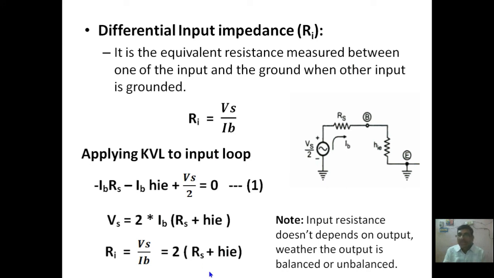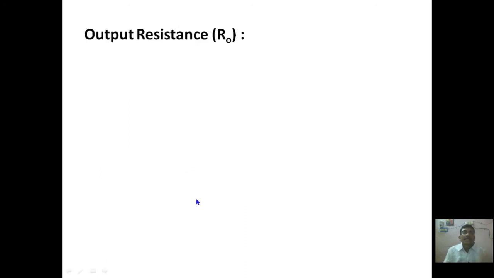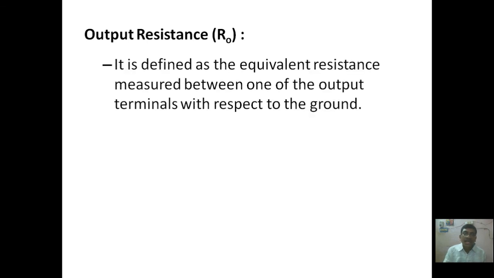Similarly, if you calculate for the second stage of our differential amplifier, then Ri is equal to Vs by Ib is equal to 2 into Rs plus hie only. Okay, so both sections have the same input resistance. Next thing we are going to calculate is the R naught, output resistance of our differential amplifier.